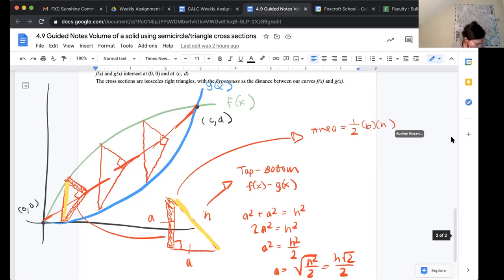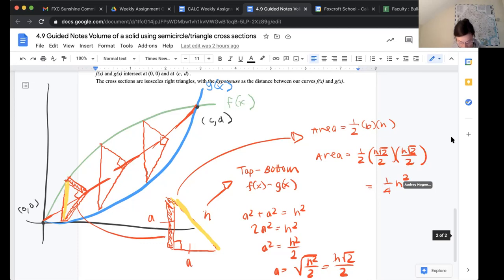Except for now we know that base and height are A, and further that A is square root of 2 h over 2. So we can rewrite this as area equals 1/2 of h square root of 2 over 2, h square root of 2 over 2. And then we can multiply this whole thing out, and that equals 1/4 h squared.